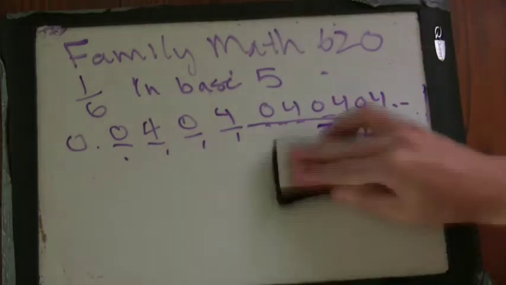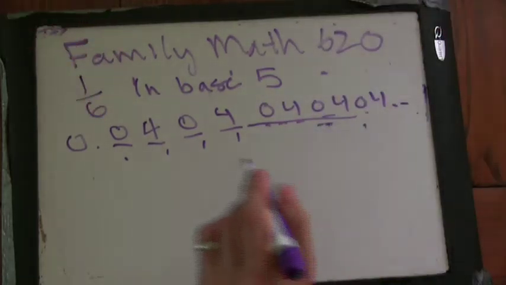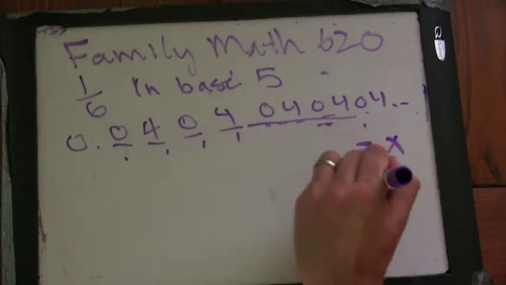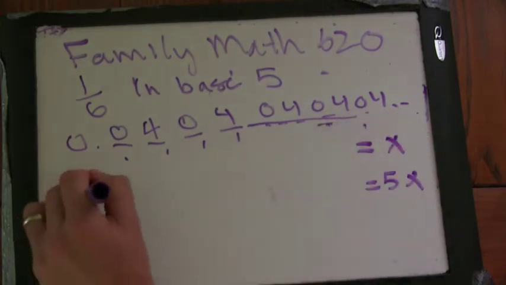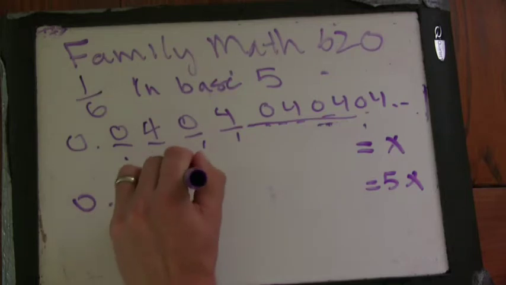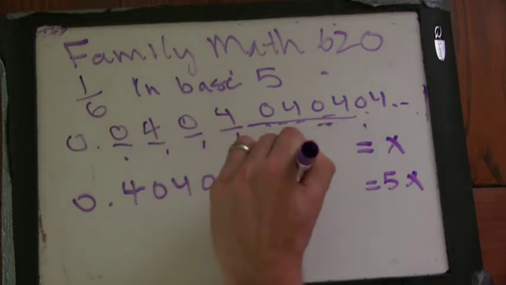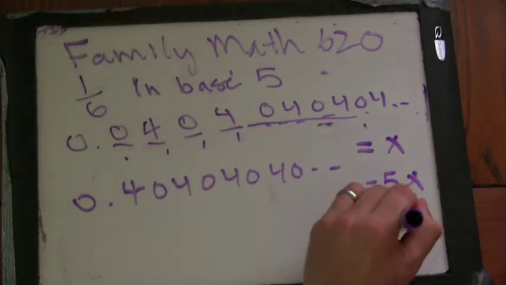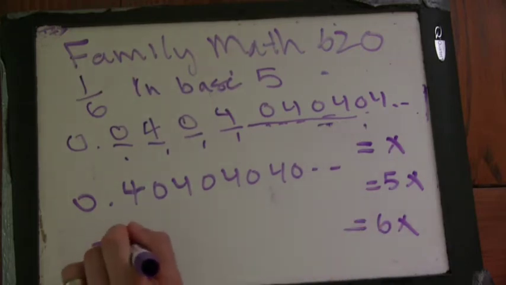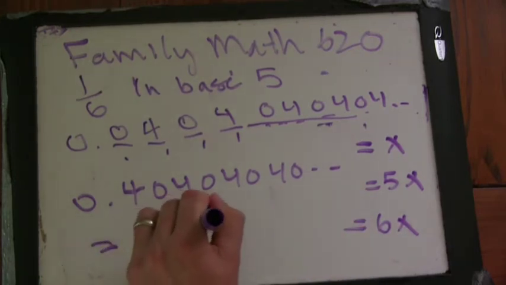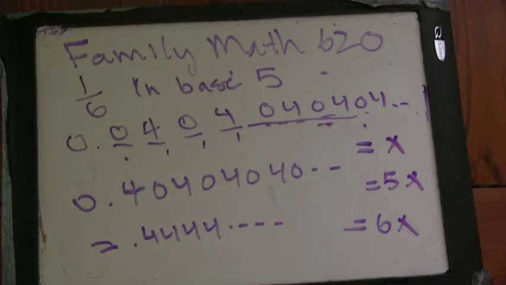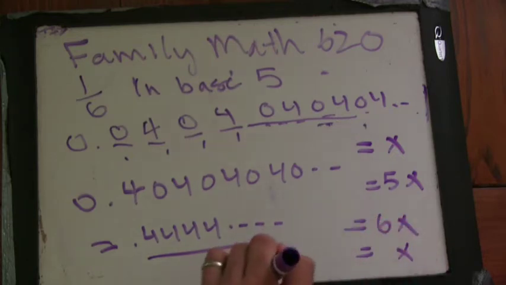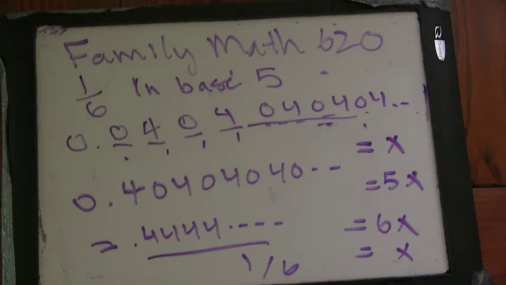So if this is x, then 5x is 4.0404... If you add these two together, that's 6x, and 6x equals 4.4444..., which in this case equals 1. So x equals 1/6. Cool. Good analogy.